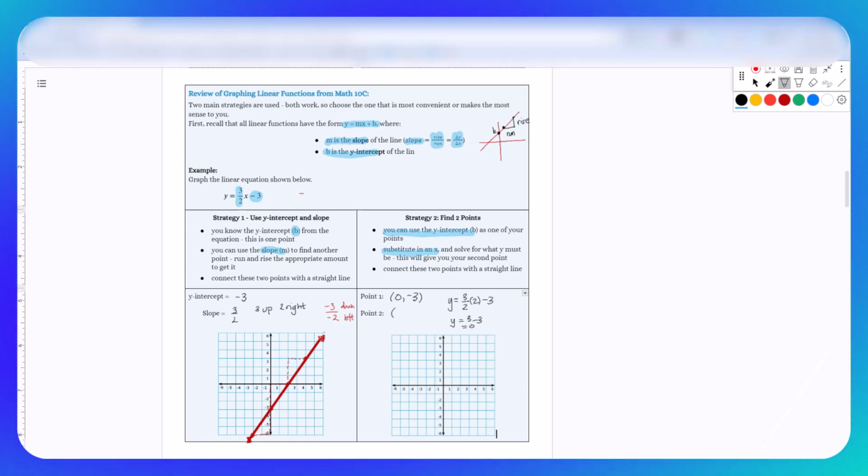So when x equals 2, y equals 0. So we're going to find those on the graph. We get (0, -3) and (2, 0), and then we line those up as well. And there we go. So either way, we end up with the same graph.